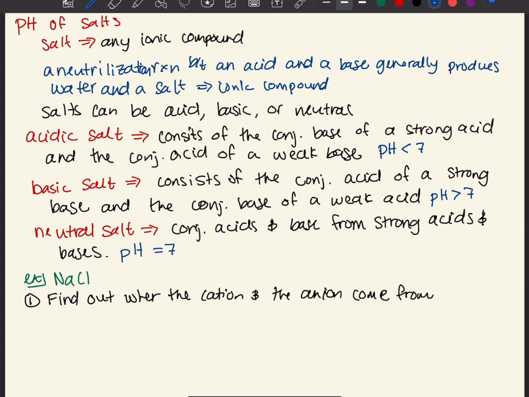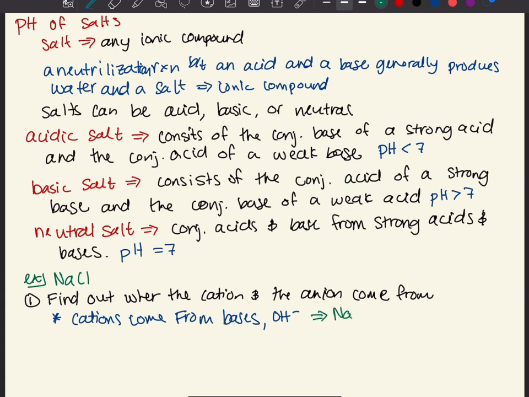So generally, cations are going to come from bases. So in this case, we have sodium. And these bases are generally going to have hydroxide. So we're dealing with sodium hydroxide.